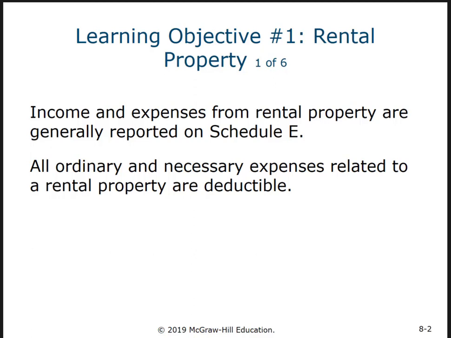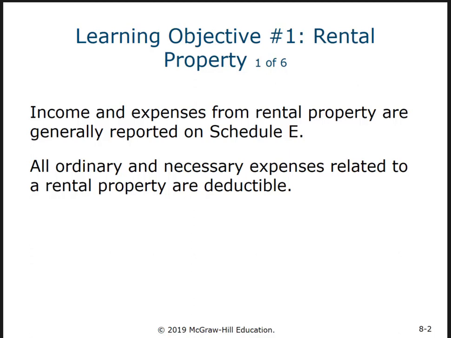So often you can live in one side of a duplex and rent the other, and so you've got a 50-50 split, assuming that you have a way to split things like utilities. Maybe there's a separate meter, then you would use that. If not, then you could allocate 50-50 some of those expenses that apply to both sides.